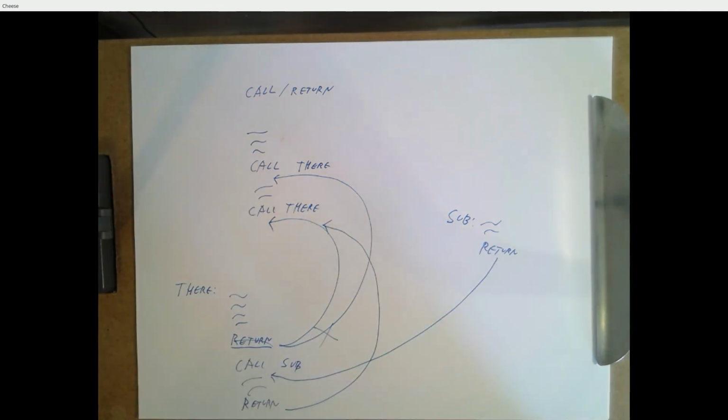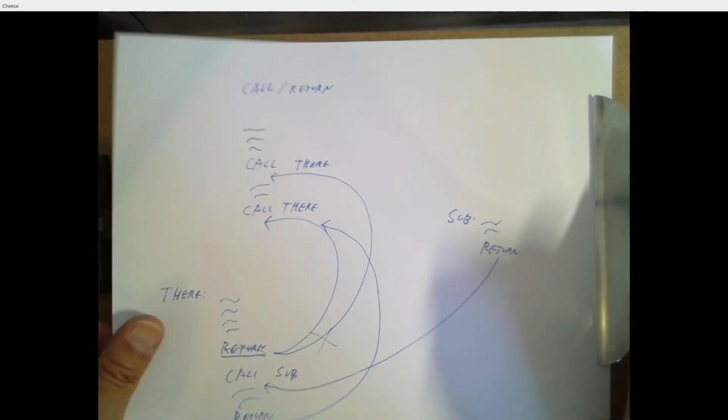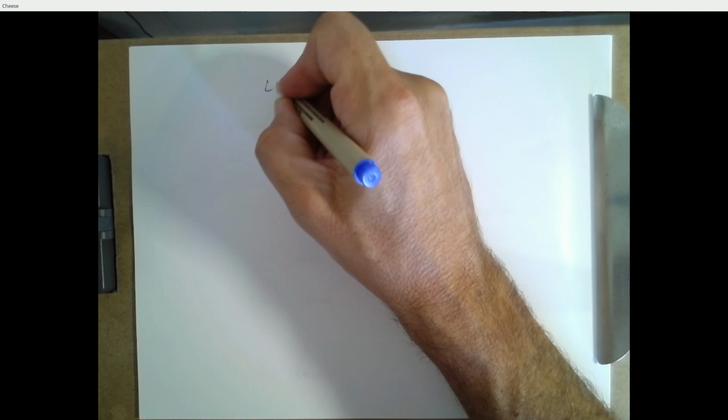So you may have to remember multiple locations and know which one you're supposed to return from when you see return. And the structure of this challenge is something that we call last in, first out. It's characterized by the idea that the last place that you did a call from is the first place you want to return to. So last in, first out.